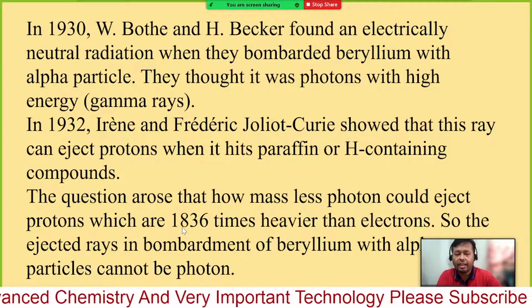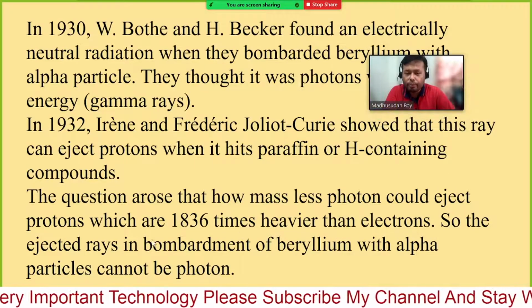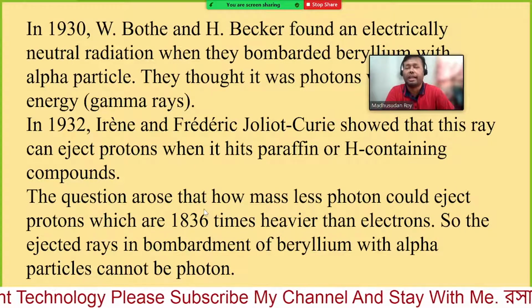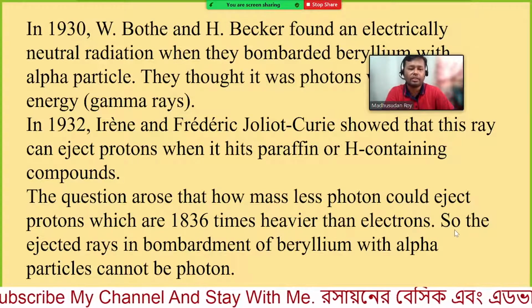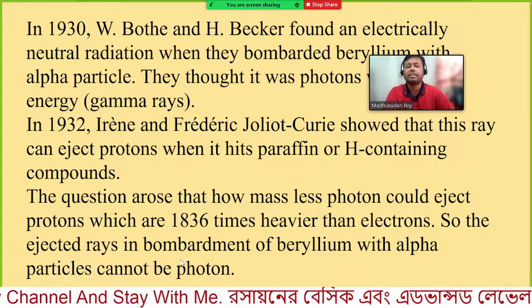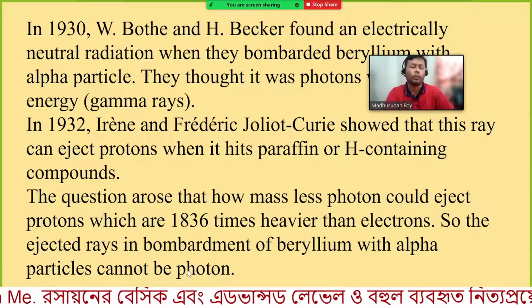Protons are 1836 times heavier than electrons. Previously we have mentioned around 2000, but actually the number is 1836 times heavier than electron. So the ejected rays in bombardment of the beryllium with alpha particle cannot be photon.